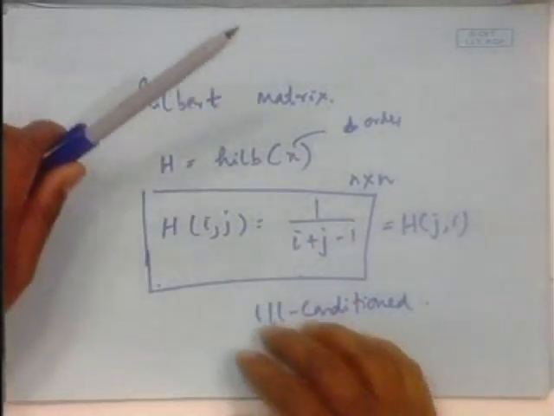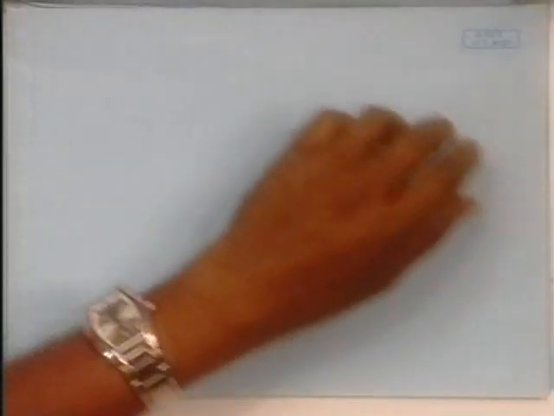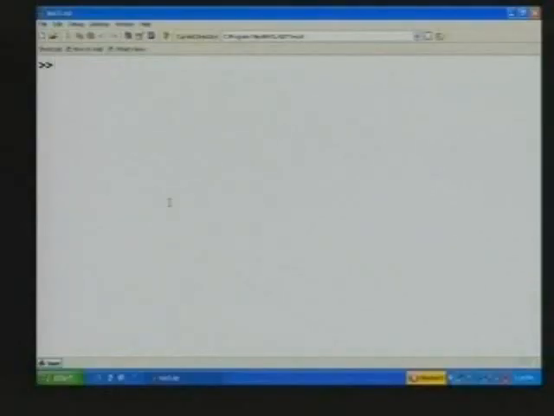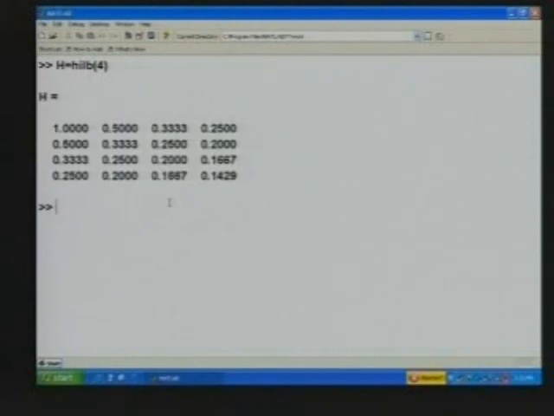If you see the Hilbert matrix, let us see the eigenvalues, how they look, and the condition number. Let us say I am generating a 4 by 4 Hilbert matrix. This is the Hilbert matrix, and as you can see, this is a symmetric matrix. You see the eigenvalues of this matrix: one eigenvalue is 0.001 and the largest one is 1.5002.